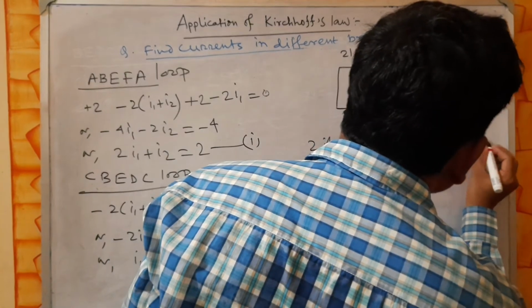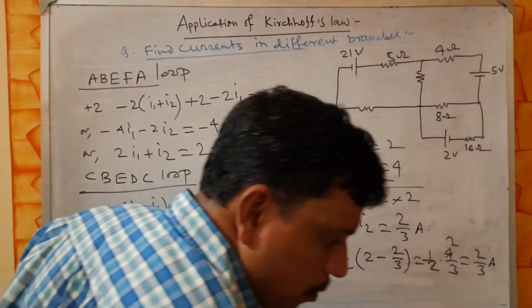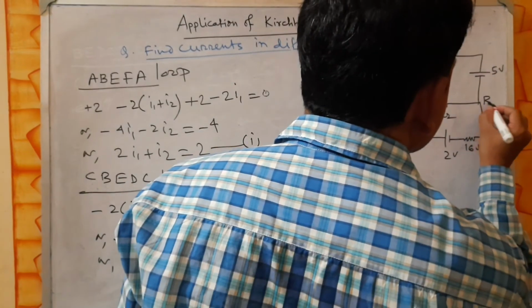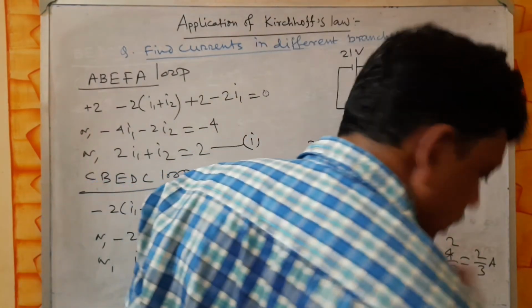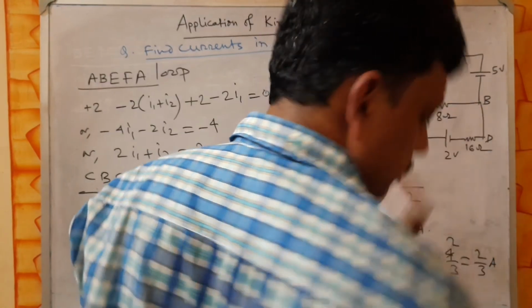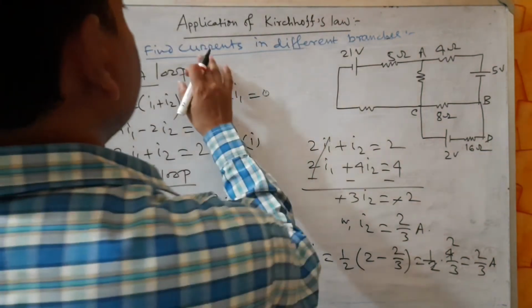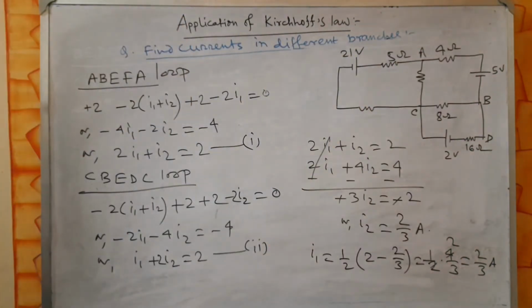These are the junctions B and D, A and C. Find the currents in its different branches.